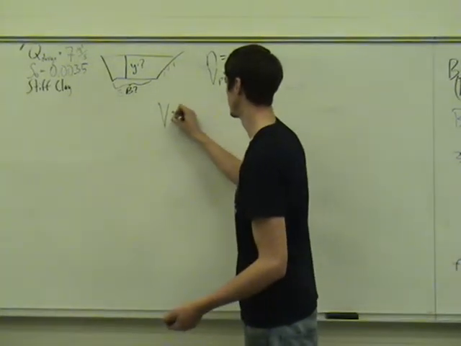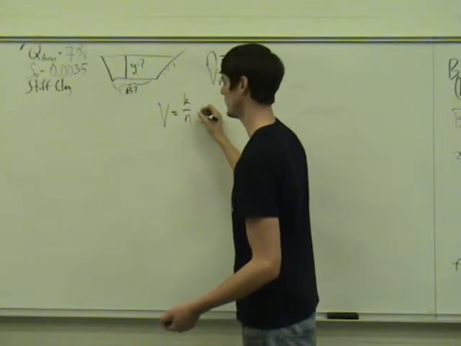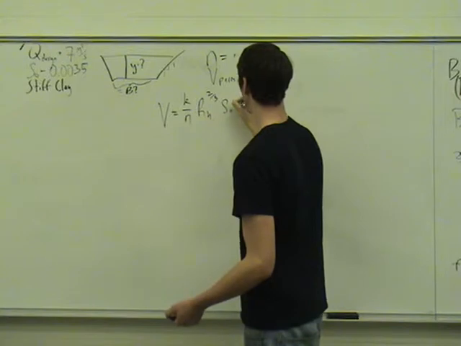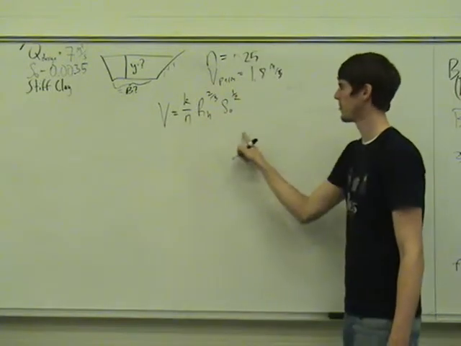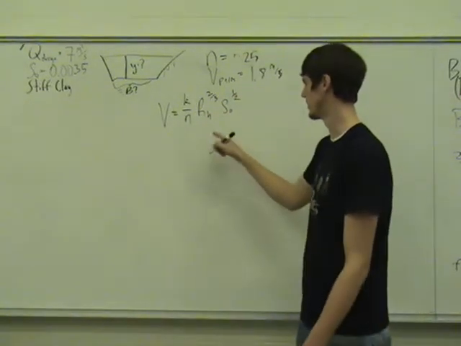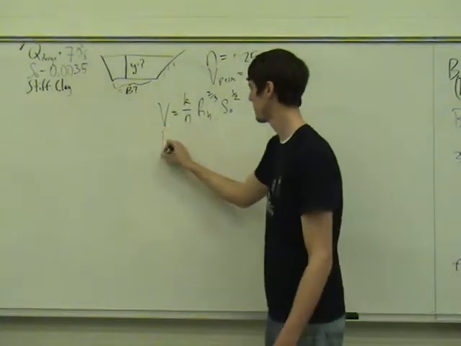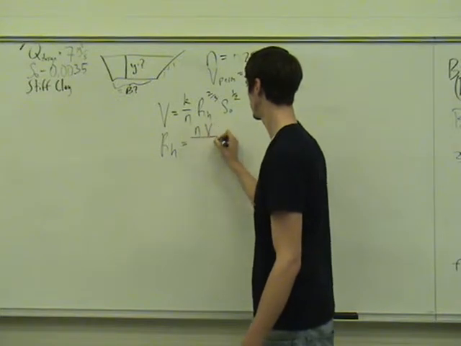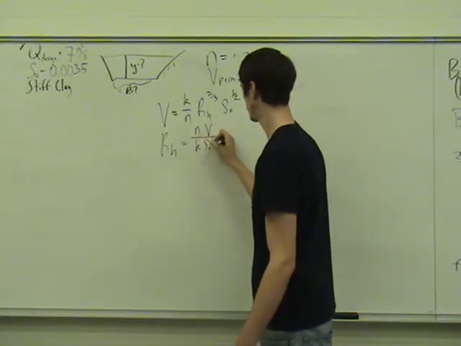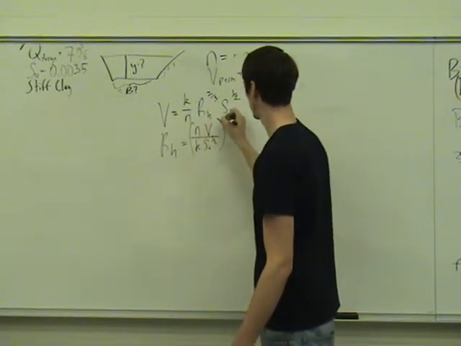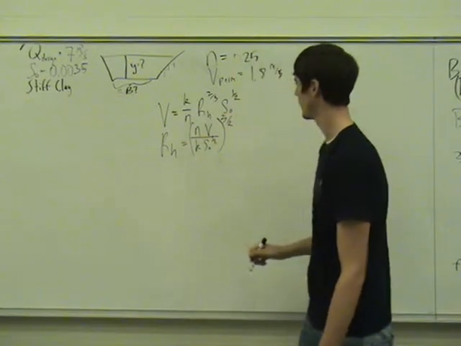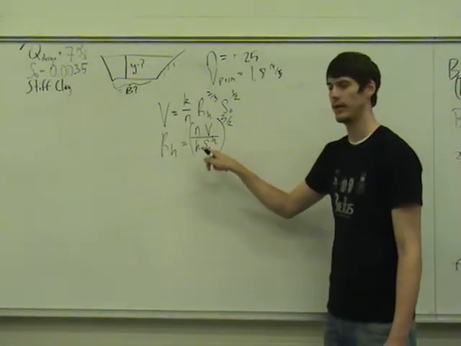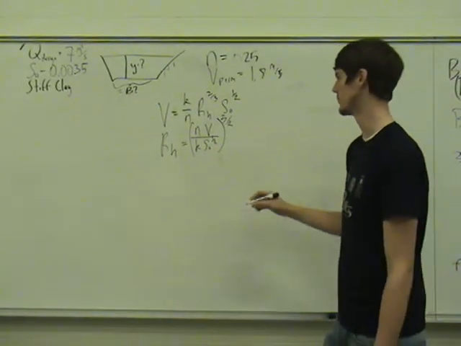So we know Manning's equation to be this. But we can also rearrange it in order to determine the hydraulic radius. So we know Manning's N, we know our permissible velocity, we know our slope, and because we're in SI units, K is equal to 1.